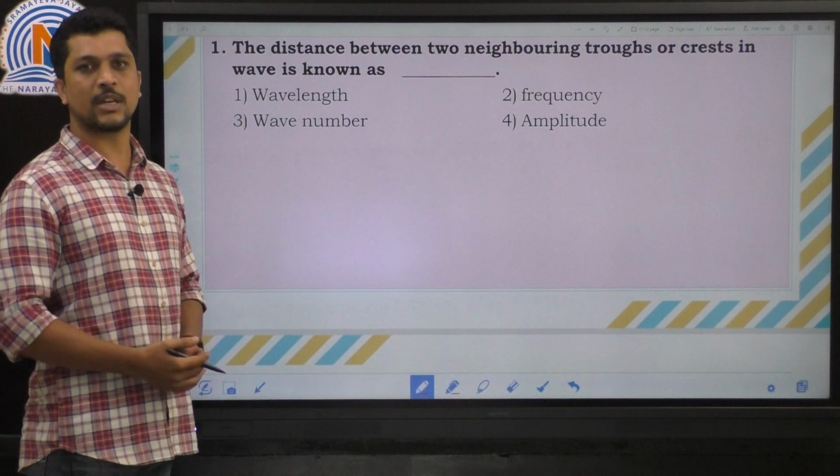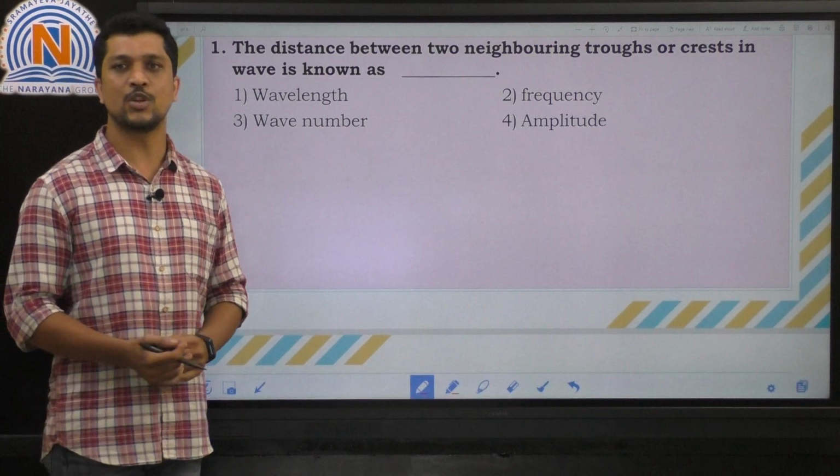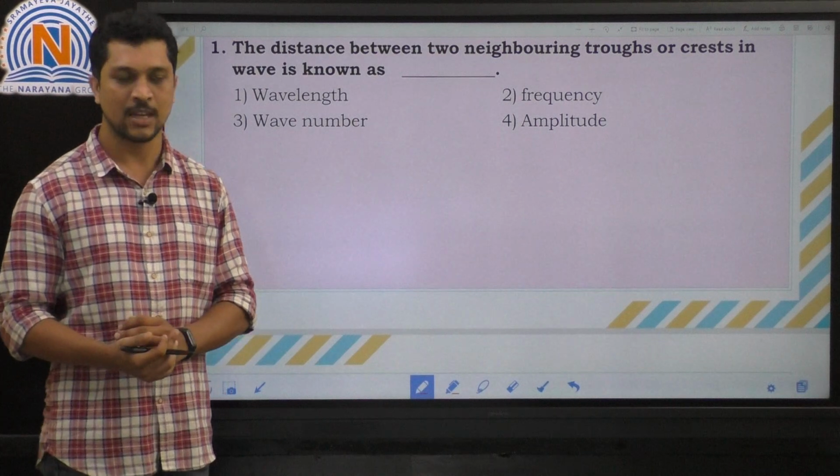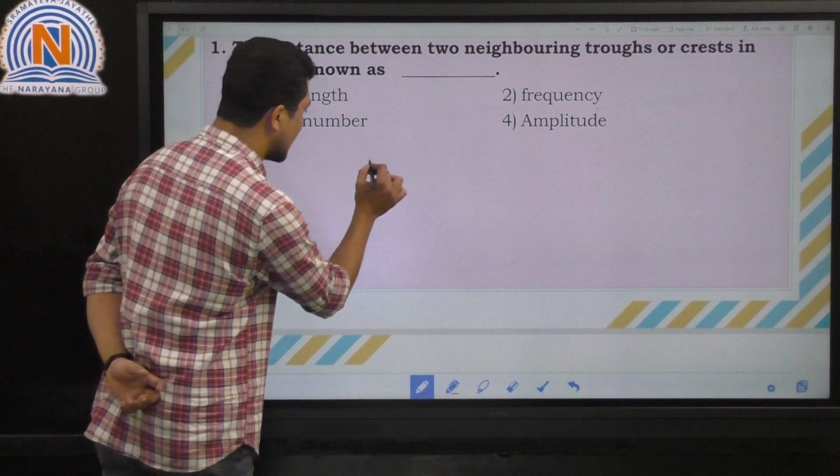Here is the first question. The distance between two neighboring troughs or crests in a wave is known as. Let's consider this is a wave.